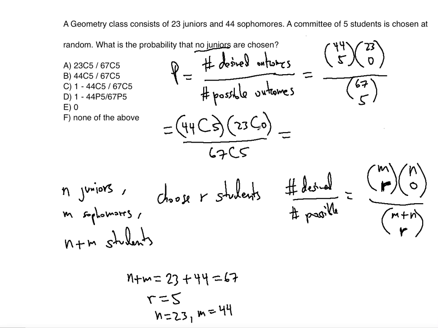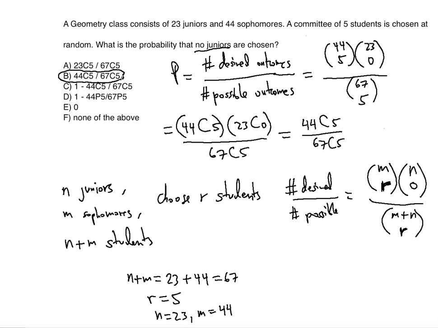Now, as you know, 23C0 is equal to 1. Okay? 23 choose 0 is 1. So if you have a 0 on the bottom, the top number will not matter. It will always be 1. Okay? So we're left with pretty much 44C5 divided by 67C5. And as you know, that's answer choice B.